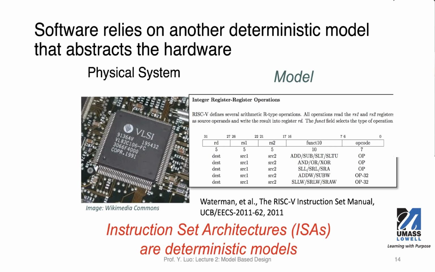ISAs are abstractions of microprocessors or microcontrollers. Every processor, as long as it's programmable, defines a certain type of instruction set. There are two main categories. Do you guys know?